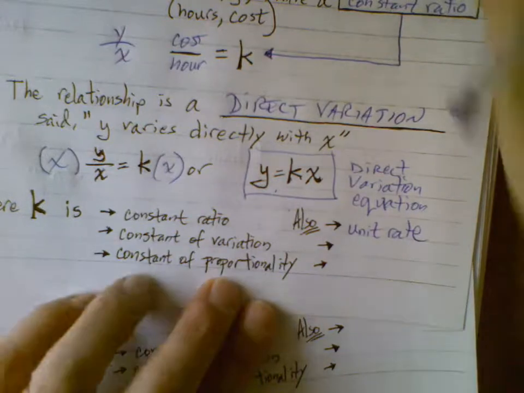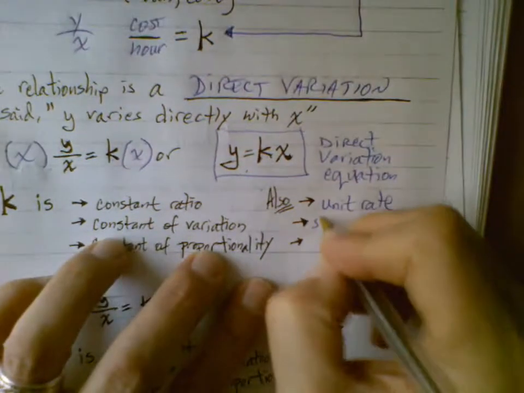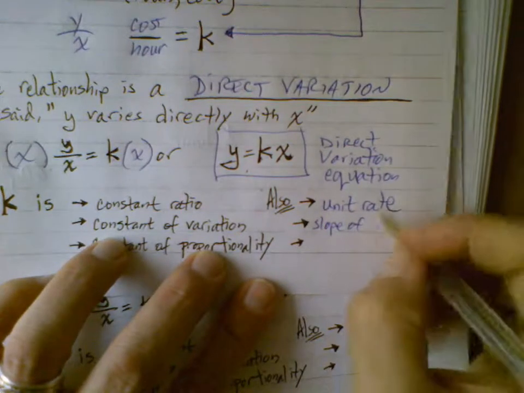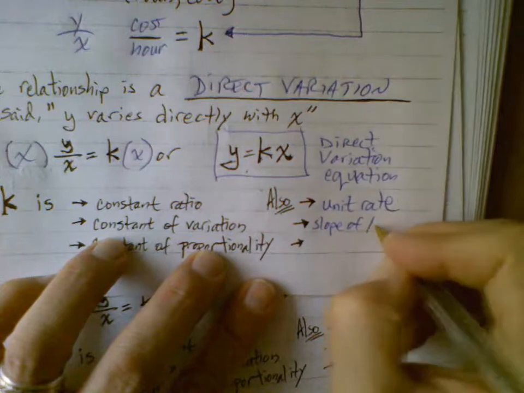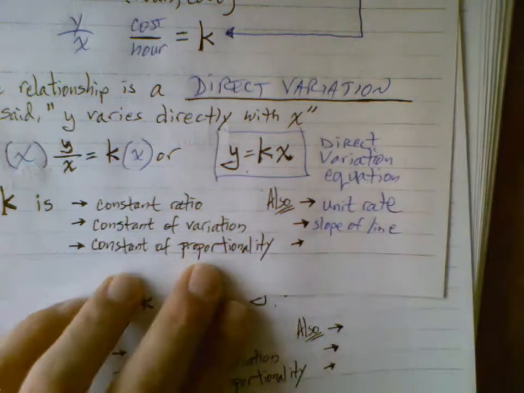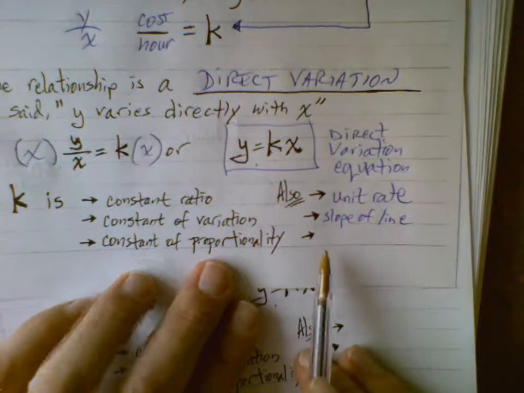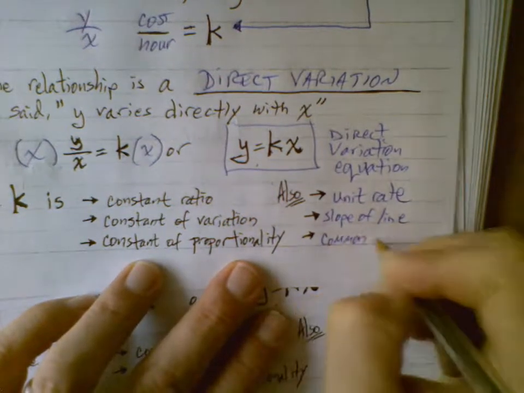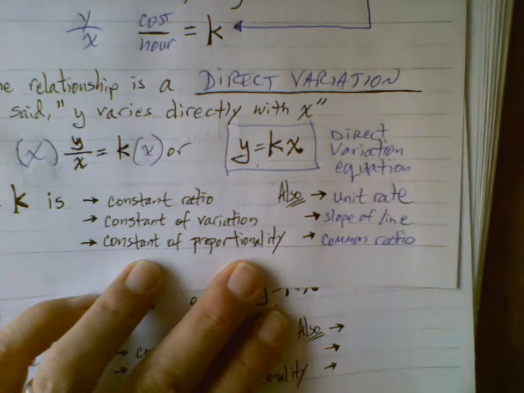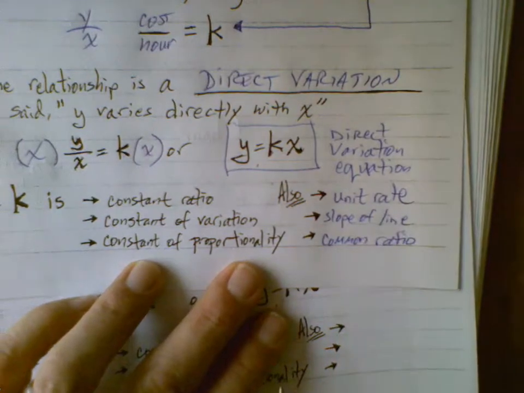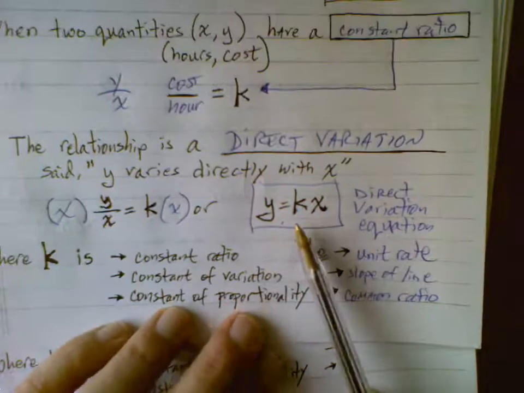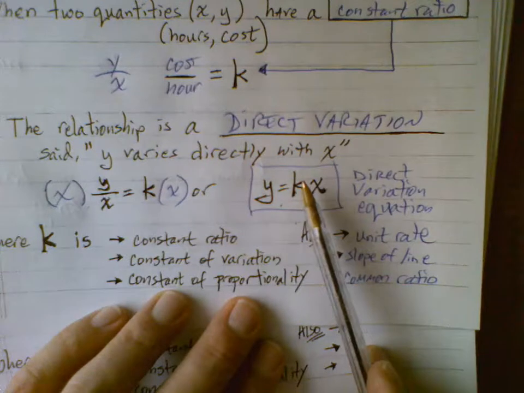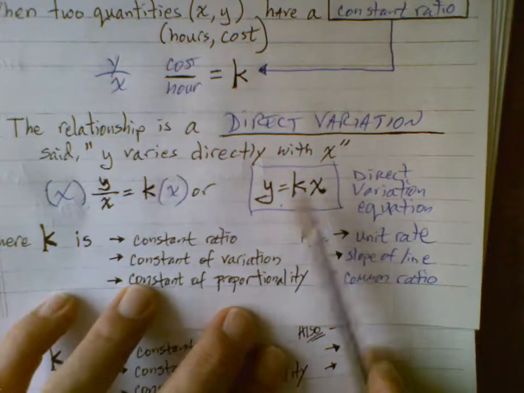It's also the slope of the line when the line goes through 0, 0. And sometimes people call it the common ratio. That's what we had earlier. But what it's telling us is that along the line, how far I go to the left and how far I go up from one point of the line to another is always going to stay the same.